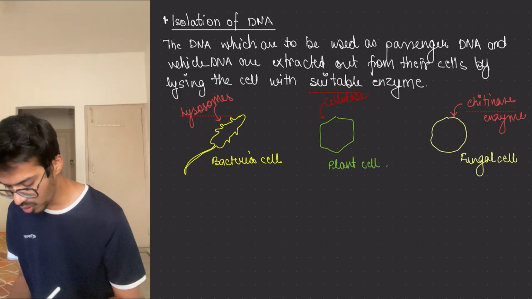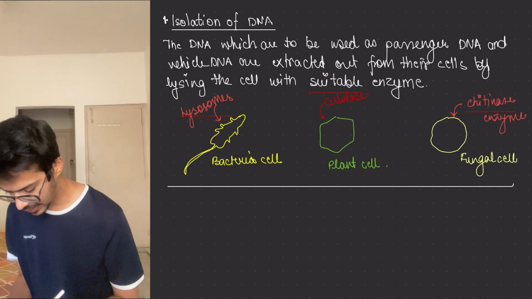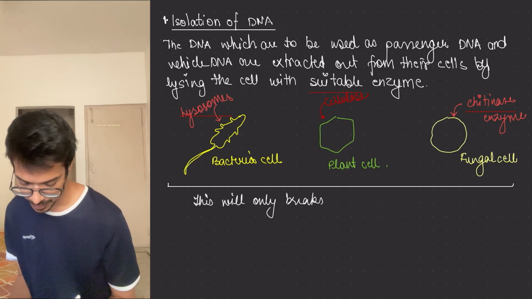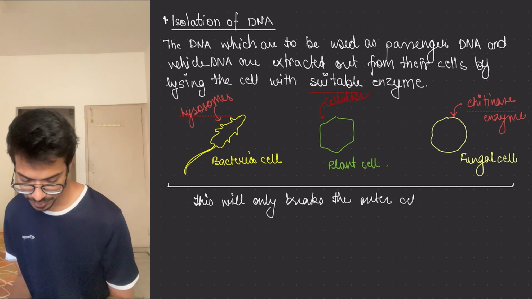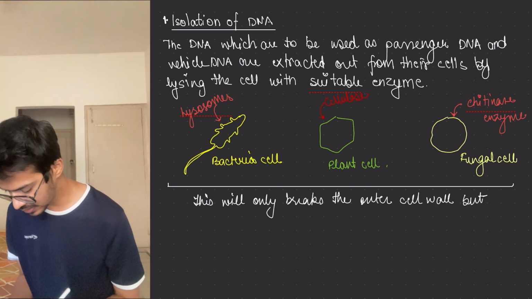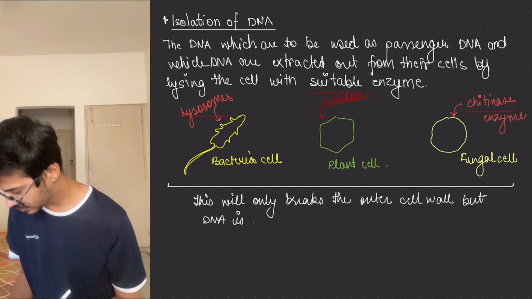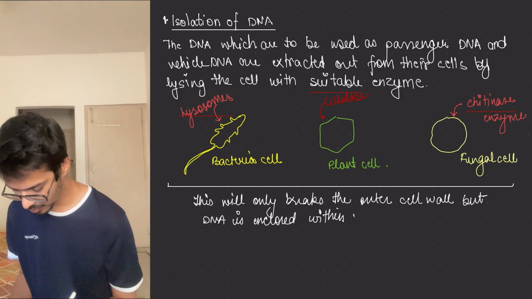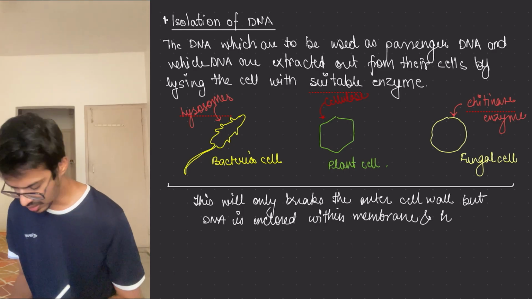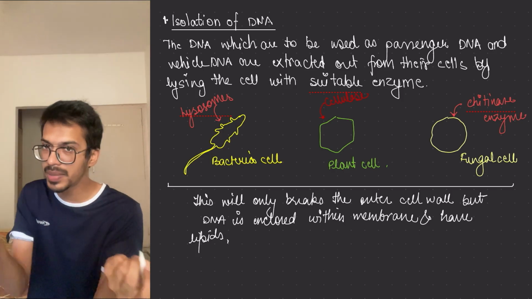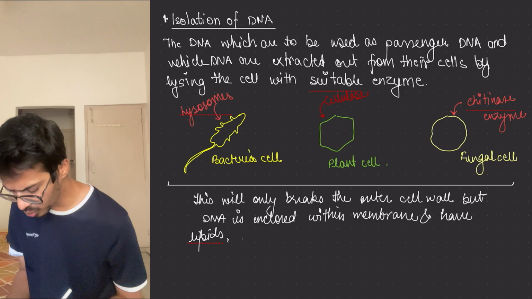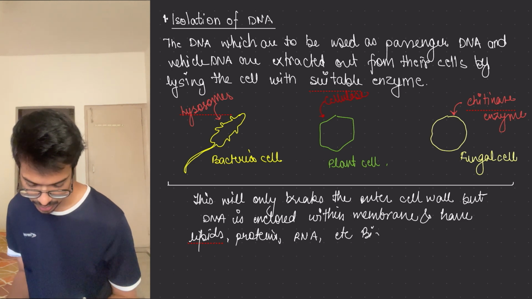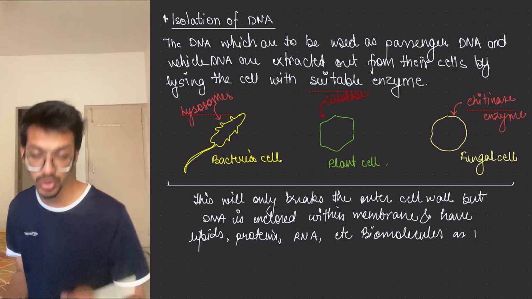These enzymes are only breaking the outer cell wall, but the DNA is intermingled with or enclosed within the membrane, and there are lipids, because the membrane has a lipid layer, and proteins, RNA, etc. biomolecules as well. So now we have to remove these molecules also.